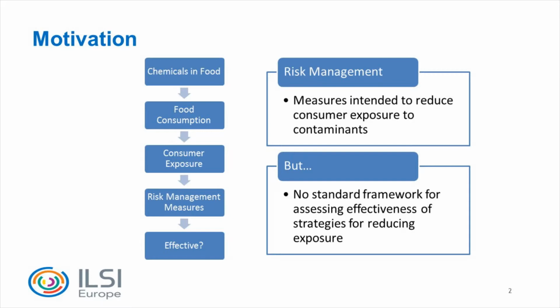If the level of exposure exceeds the safety level, then it may be necessary to implement risk management measures to reduce consumer exposure. It is, however, important to consider in advance how the success of any mitigation measure will be measured and how any uncertainties in the original risk assessment may impact on the ability to measure reductions in exposure levels.